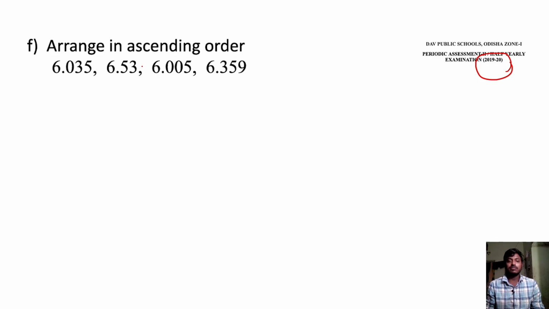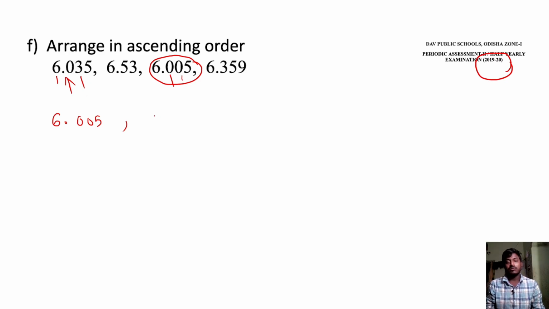Arrange in ascending order. Ascending order means first we write the smallest one. Okay, all are 6 because the whole part is 6. Now we check the 10th position, that is 0, 5. Here is 0. Now again we check the 100th position, that is 3. Here is 0. The smallest one is 6.005. So first we write 6.005.